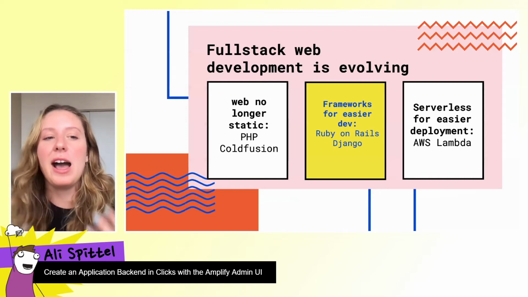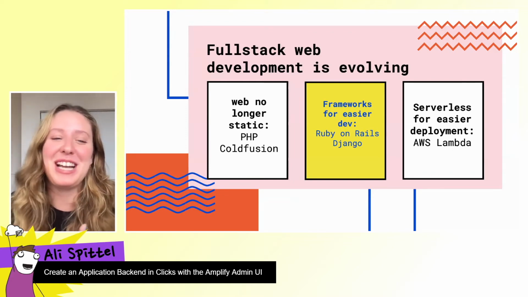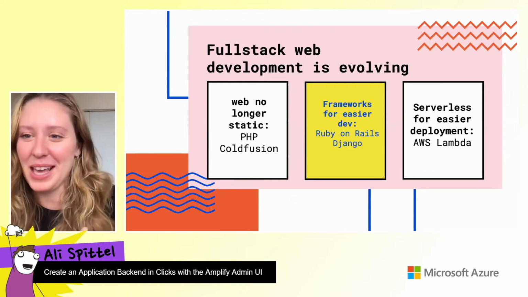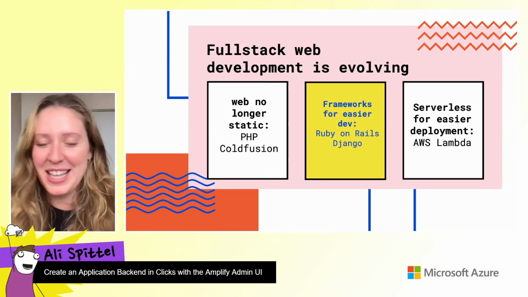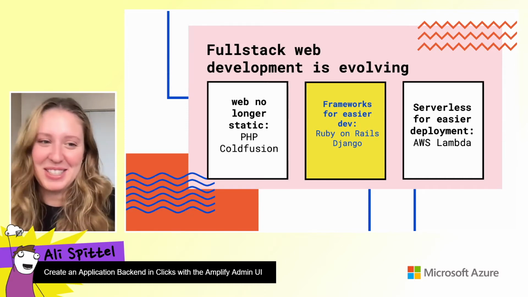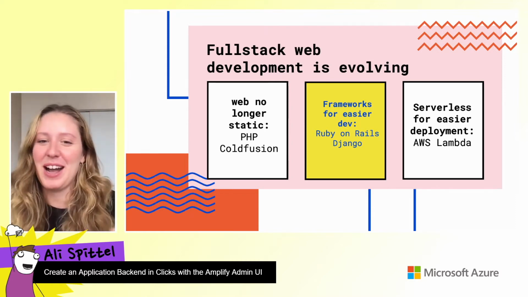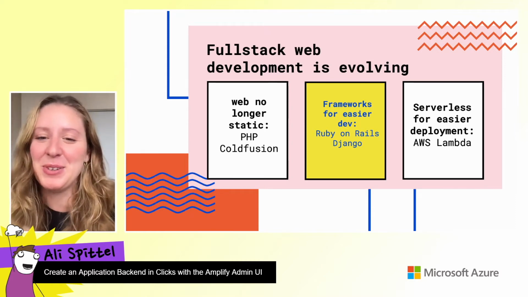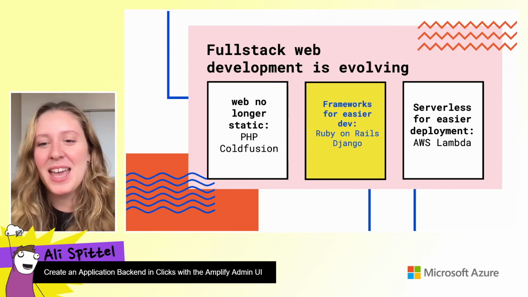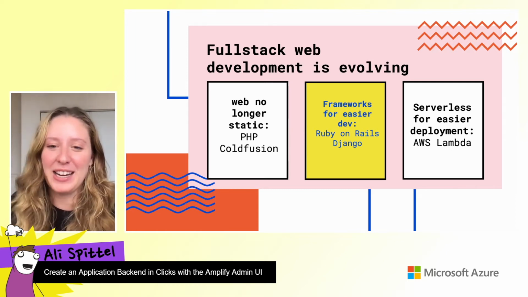So I like to think of full stack development as evolving. Back in the day, there were static websites with HTML and CSS, but then the web became no longer static with the rise of PHP and Cold Fusion and all of that. And then we went on to the framework era.